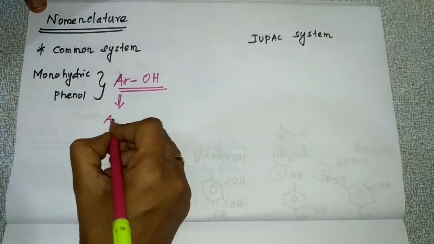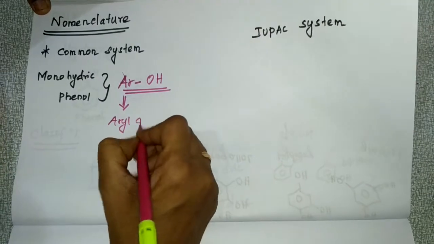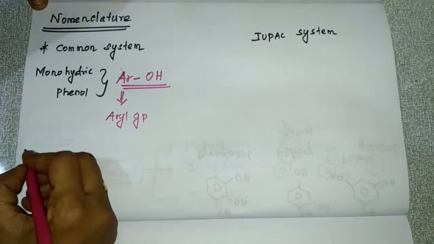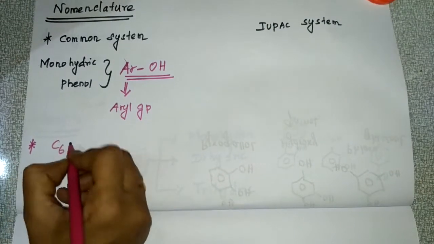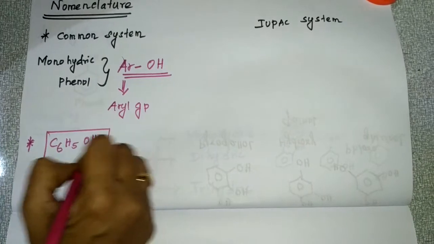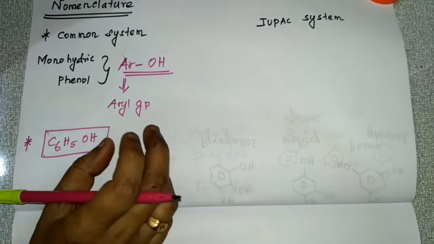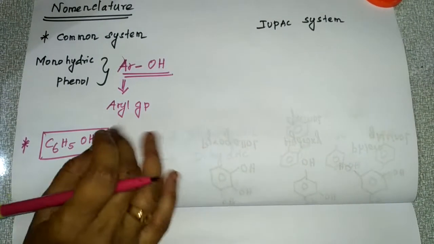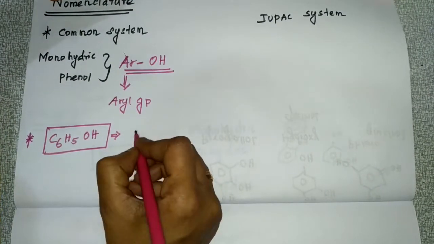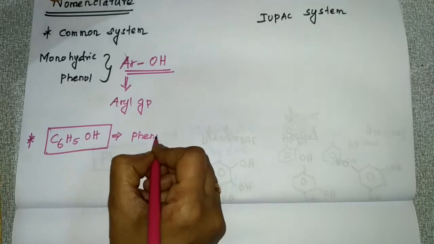Ar represents an aryl group. And the simplest formula of phenol is C6H5OH. So that is C6H5OH, and this is known as phenol.